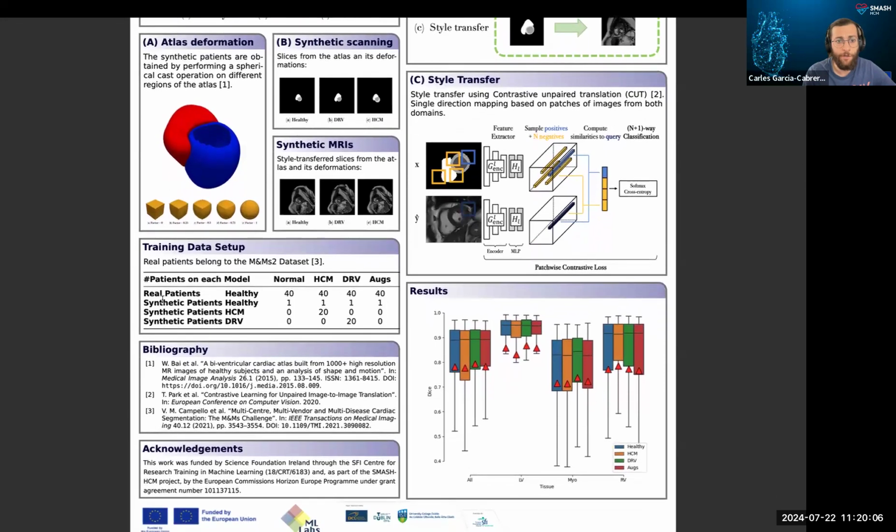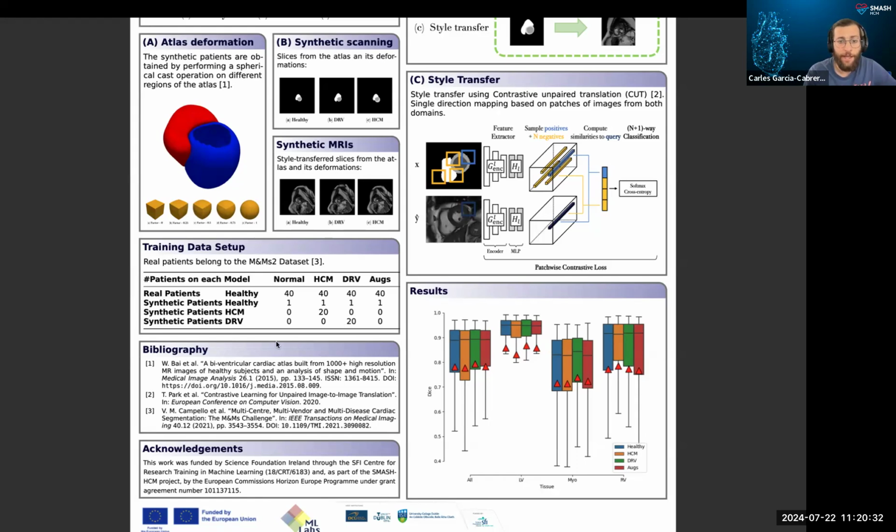Lastly, our experiment setup consisted of four different models. All of them were trained with 40 real healthy patients and one synthetic healthy patient, which corresponds to applying this whole process just to the healthy atlas.